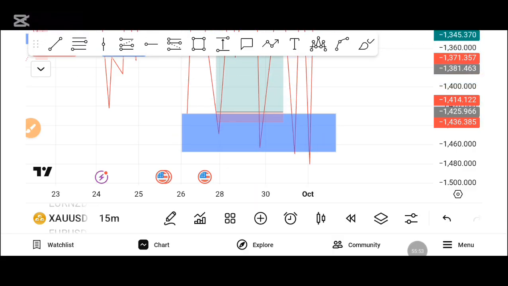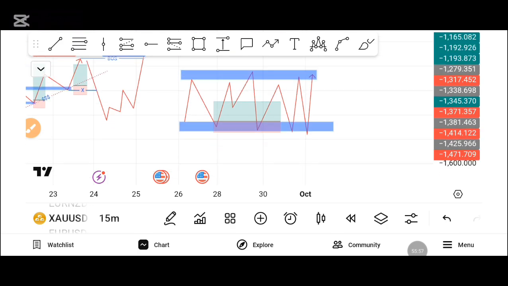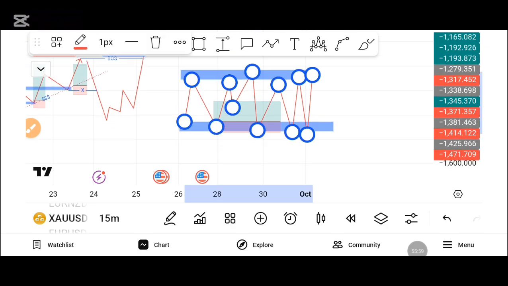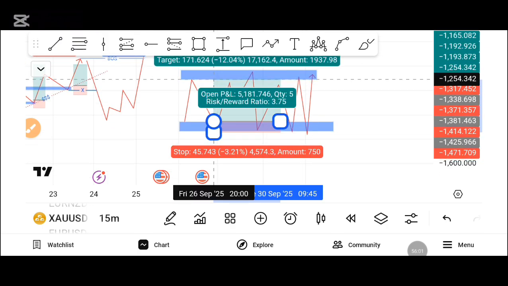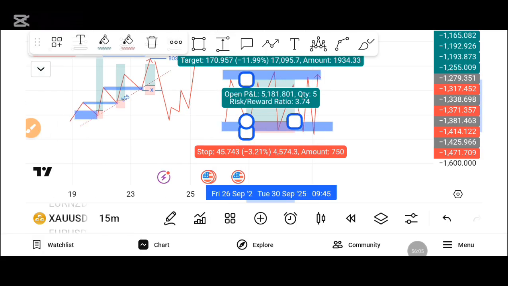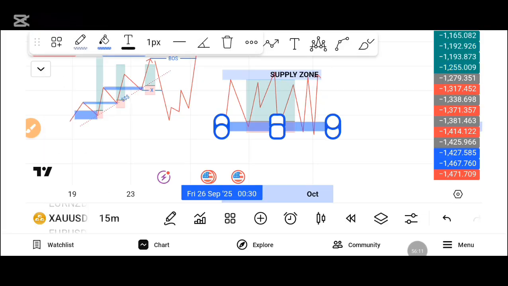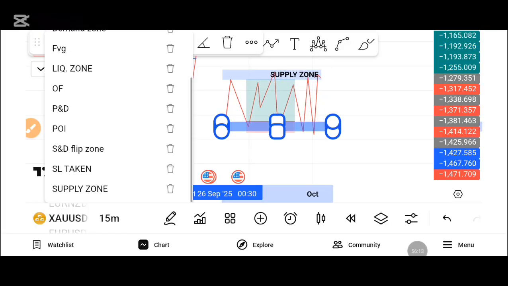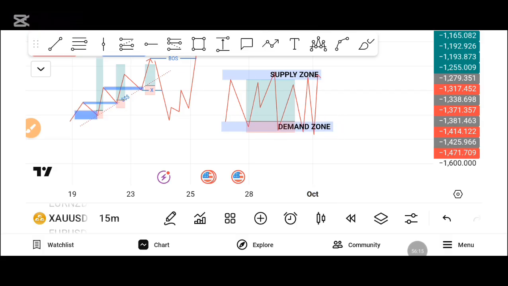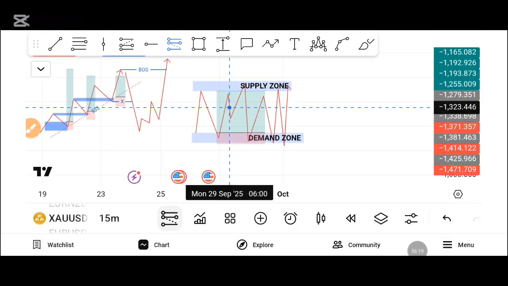I see people buying from here, placing their stop loss here, targeting this particular supply zone. This is your supply zone and this is your demand zone. So a lot of traders will be placing orders here.